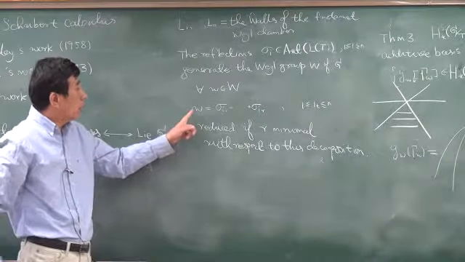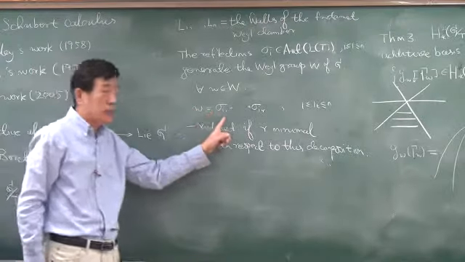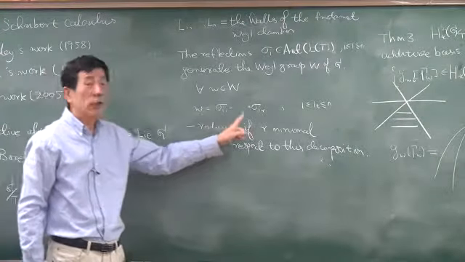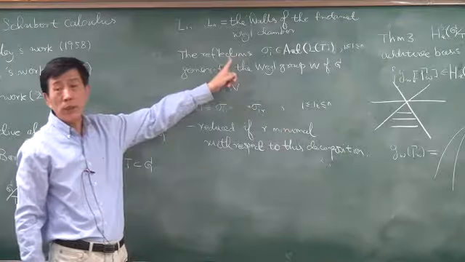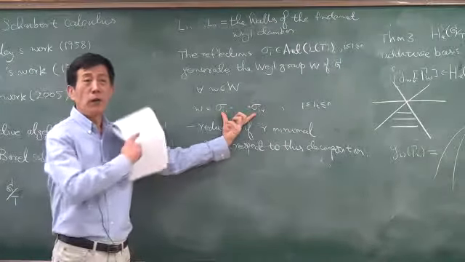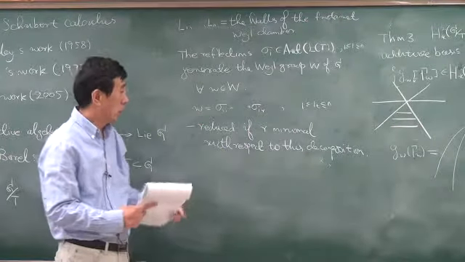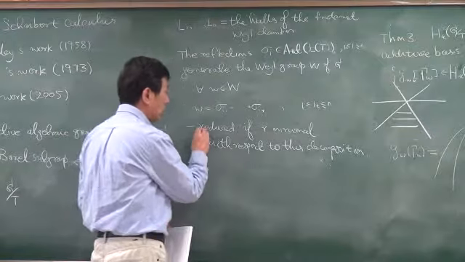The fact is that for a given W in the Weyl group, you have many ways to write this as a product of these generators. But once the length of this factor R is minimal, we call this decomposition reduced.